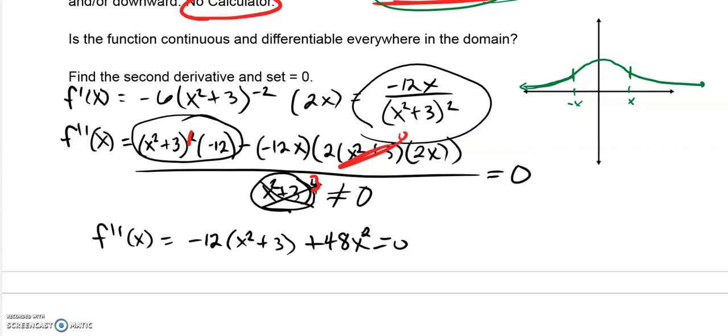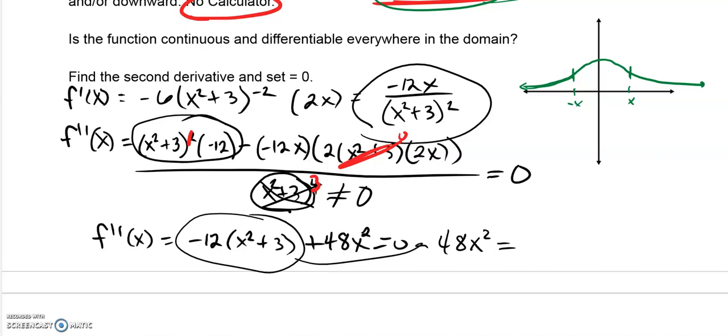Now, once you're here, it's equal to 0. I'm going to take this to the other side since that's negative. So you would have then 48x squared is equal to, we can multiply this, and that would be negative 12x squared minus 36. And then if I add 12x to each side, as I took it over, this would actually be positive.